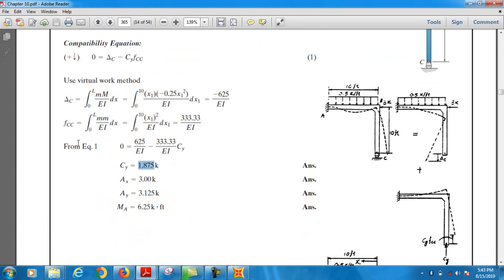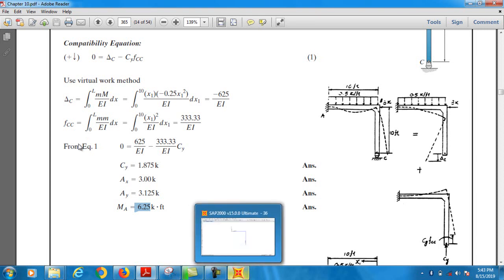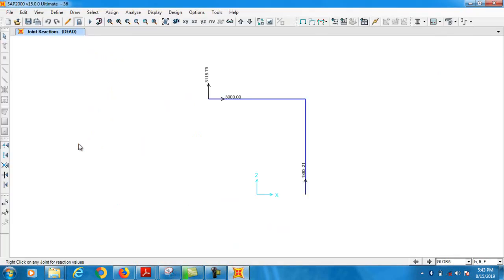So this is 18,000. This is 3000 because this is in kips. This is 3000, and this is 625. That is the moment. Okay, so we will check this moment at support A. So reactions are okay. Now we draw the shear force diagram.